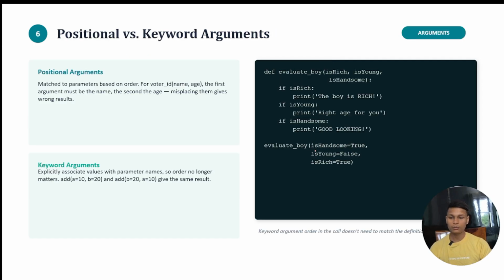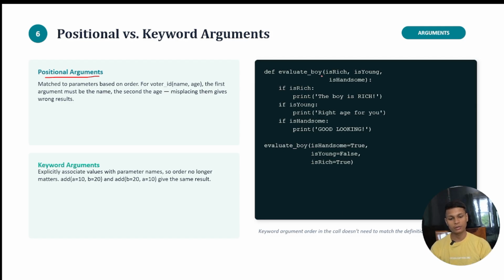Let's see what is positional versus keyword argument. What is a positional argument and what is a keyword argument? Here you can see that a positional argument is position based.